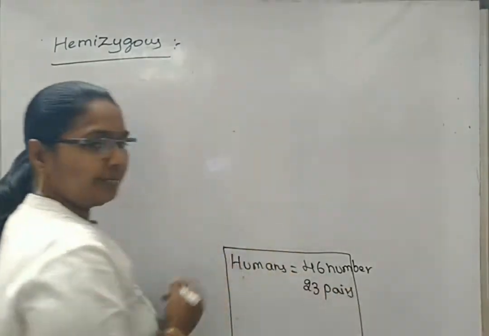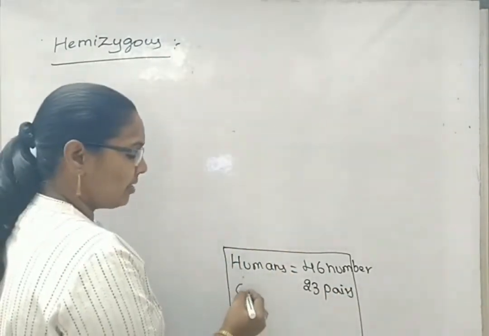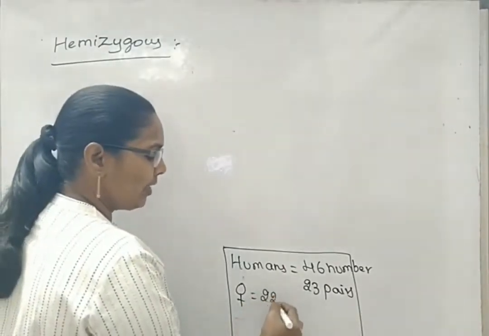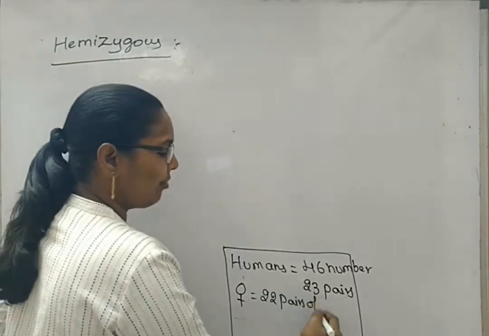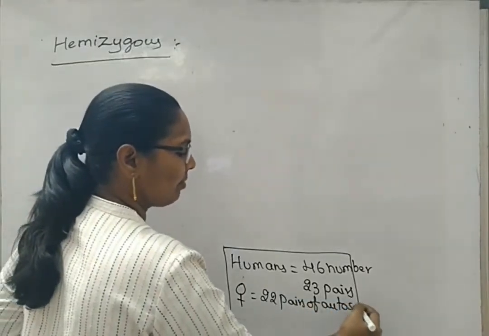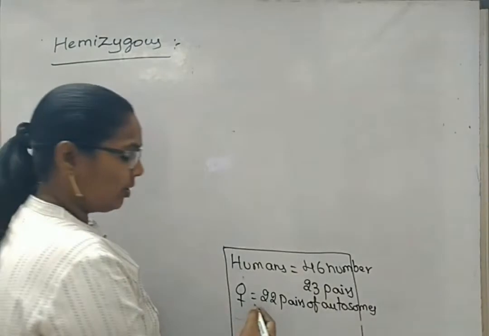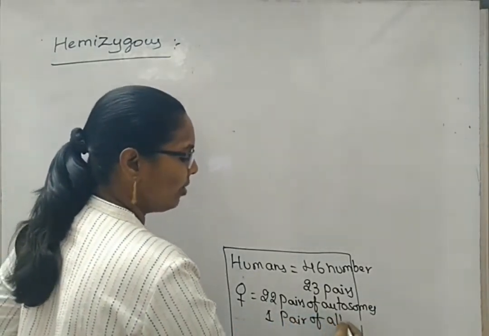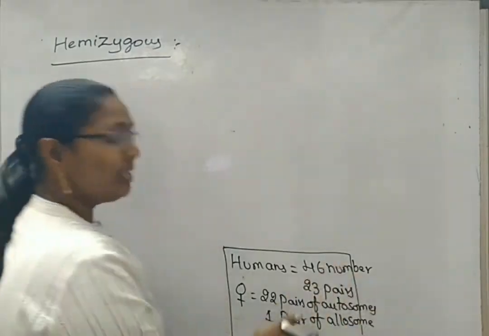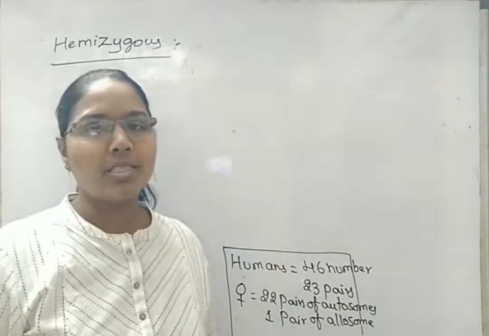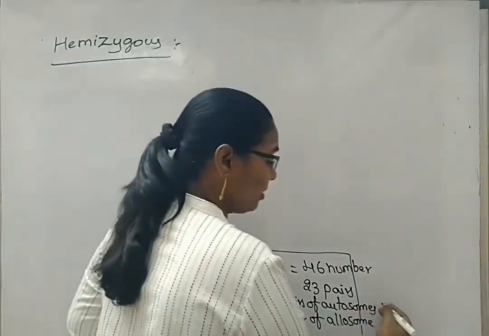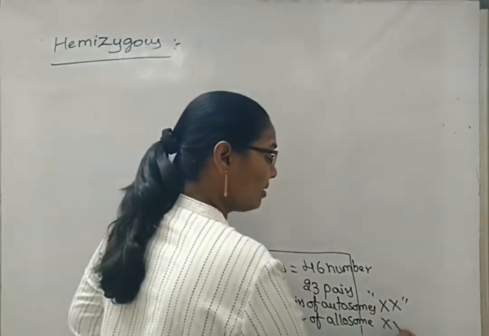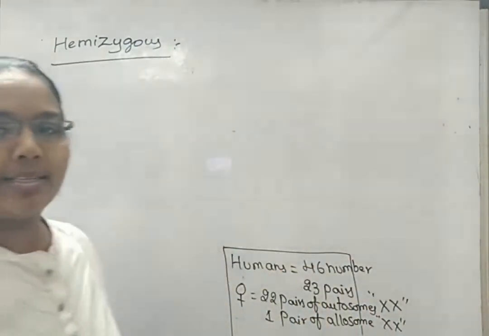Out of those 23 pairs, in female humans we have 22 pairs of autosomes and only one pair of allosome. Allosome is nothing but the sex chromosome. The 22 autosome pairs are of XX type in females, and the 23rd pair is also XX.